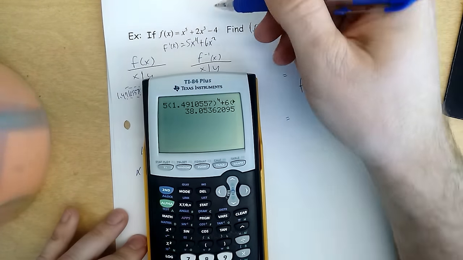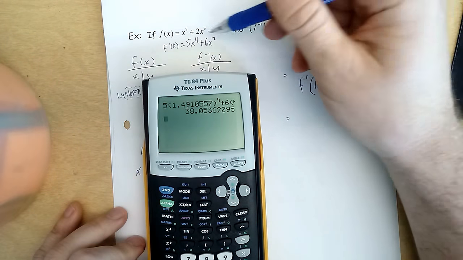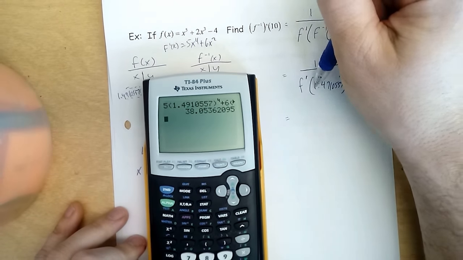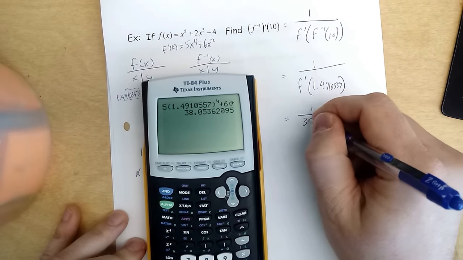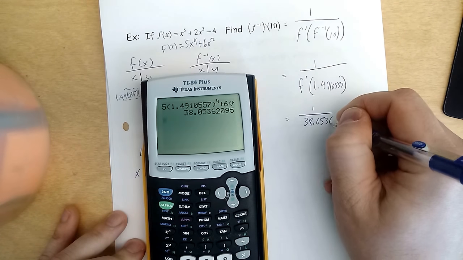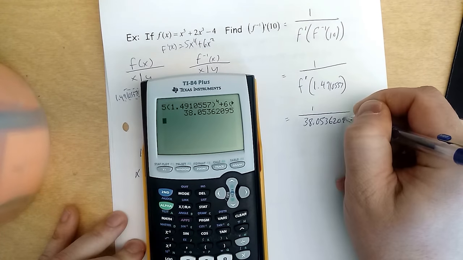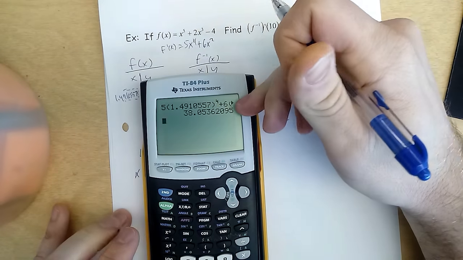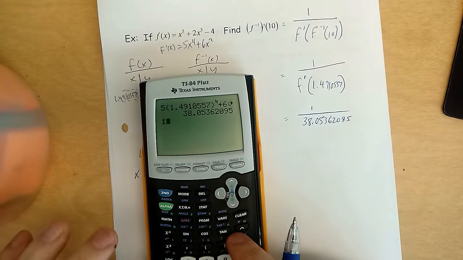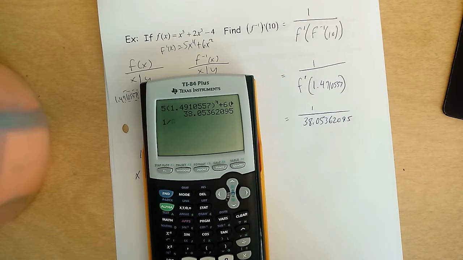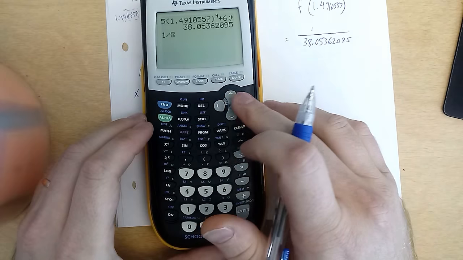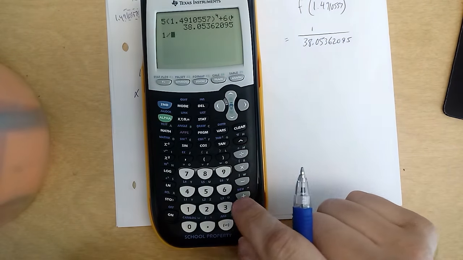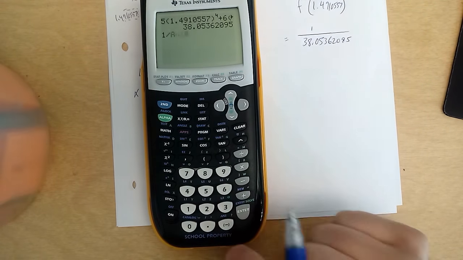All right. So the derivative, so f prime of blah is that. So I can say 1 over 38.0536209. So real nice way to do this in your calculator is 1 divided by second answer.